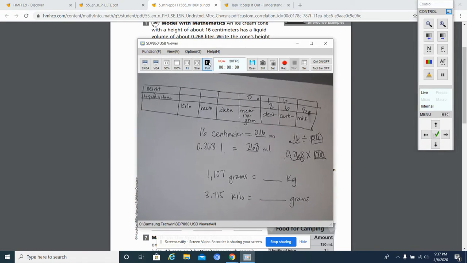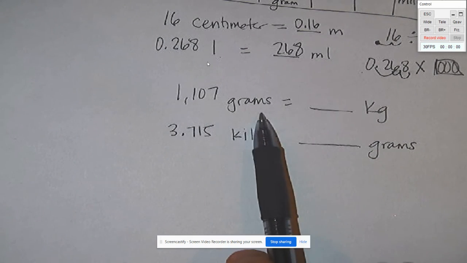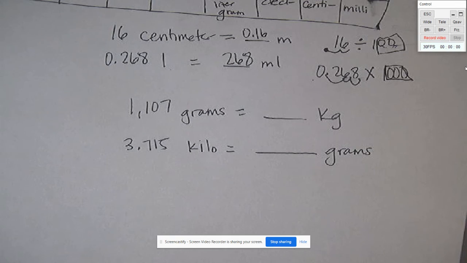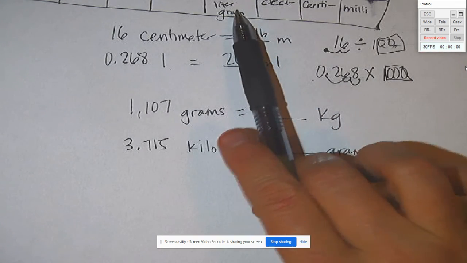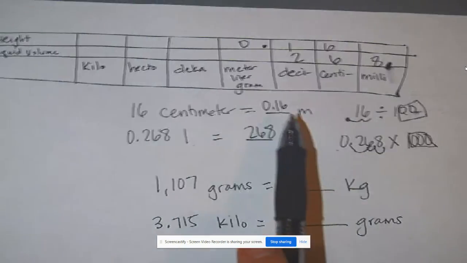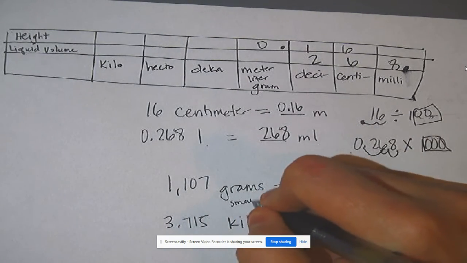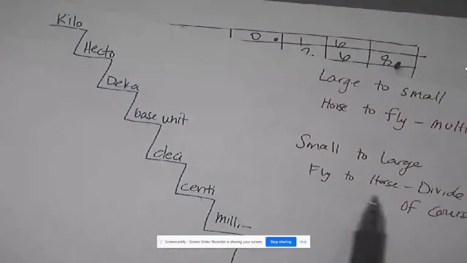So all we are doing is converting these, okay? So we're going grams to kilograms. What's the first question we asked? Ask large to small, small to large, okay? We're going grams to kilograms, so we're going small to large. Well, what do we do when we do small to large?